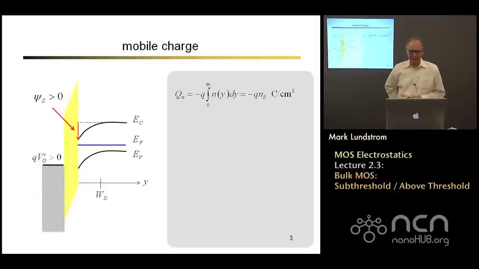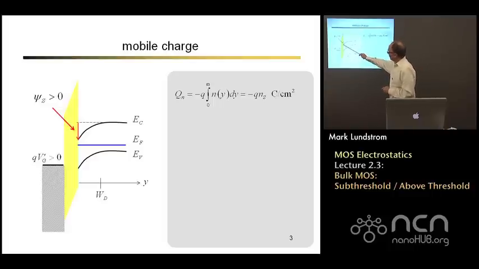So let's take a look at our band bending again. Let's assume that we have bent the bands. Maybe we haven't created an inversion layer there, but we're starting to get more and more electrons in the conduction band. This will give us a subthreshold current, or a leakage current. So the total amount of charge per square centimeter is minus Q because electrons are negatively charged.